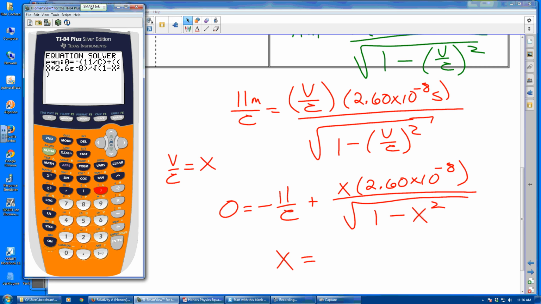You can either clear at that point or just make sure that, like my negative 11 over C, you use the negative key down at the bottom, not the minus key. You'll get a syntax error if you use the minus key. That is second, comma. Well, can I hit enter?